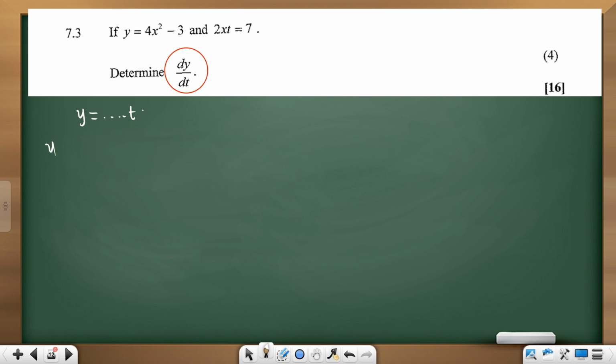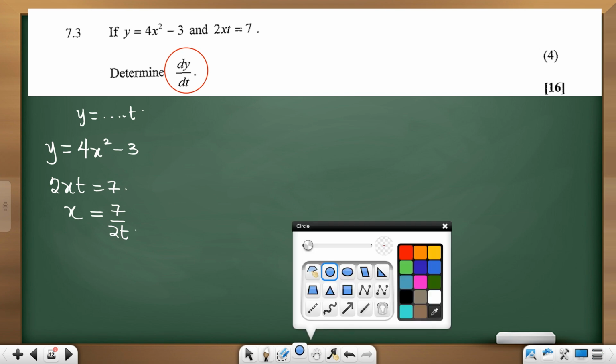So, I'll come and say y equals to 4x squared. There's no t here. But I know that 2xt, I need to bring in x. You see, dy dx, get dy dt, get rid of the x. What do you have? 7 over 2t.